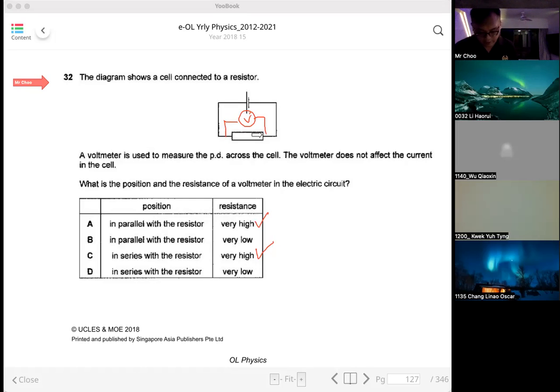So it must be parallel with the resistor. So the answer would be A. Okay, well done. Let's do the last 2 or 3 questions.